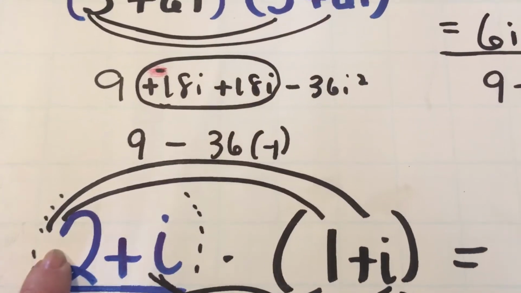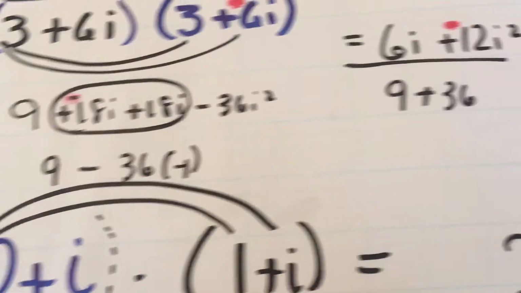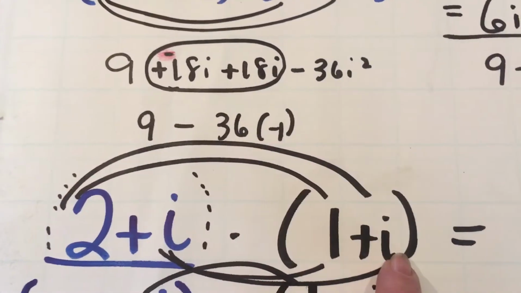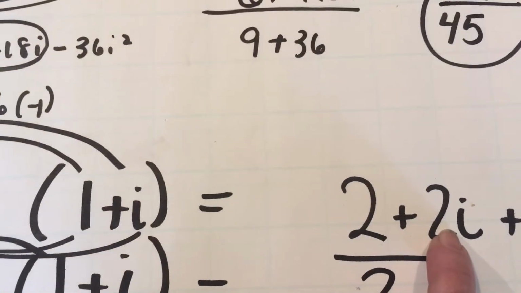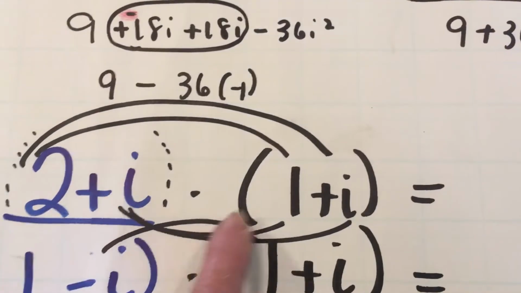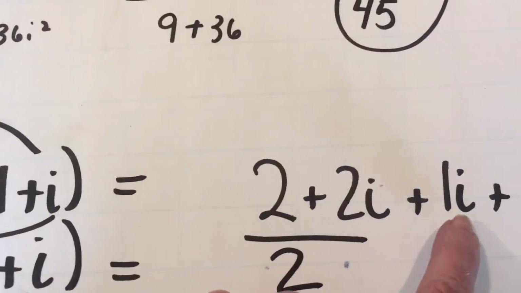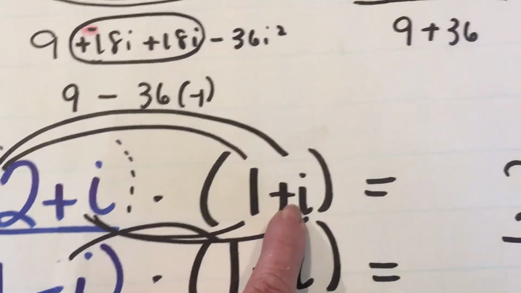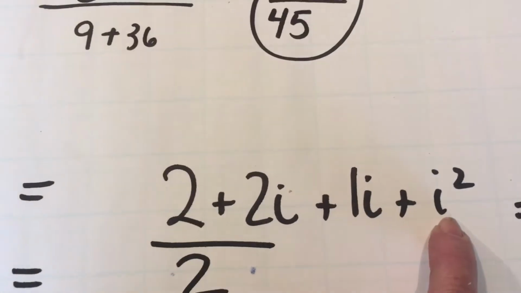So when we're doing the top, we have 2 times 1, which is 2. We have 2 times i, which is 2i. We have i times 1, which is 1i. And then we have positive i times positive i, which is positive i squared.